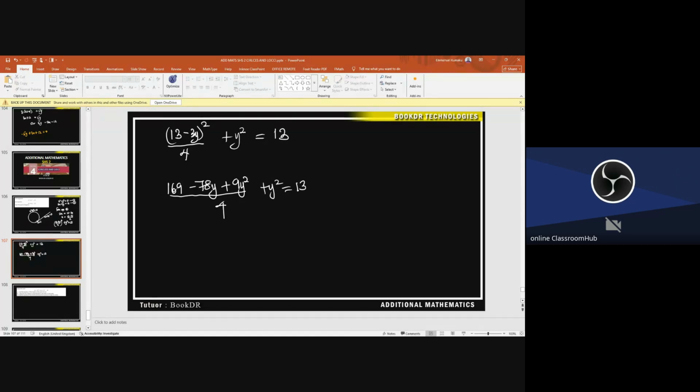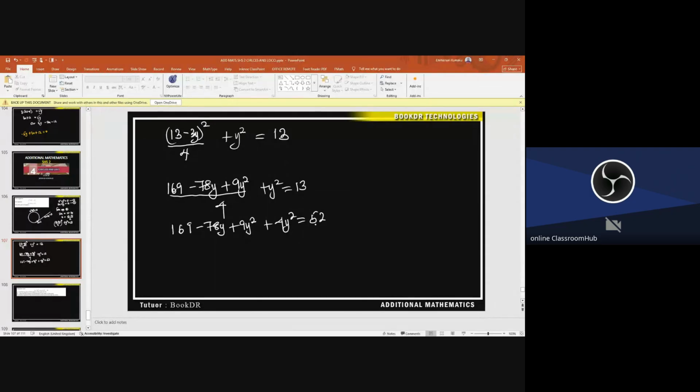Good. We'll clear the fraction by multiplying through by 4. So 169 minus 78y plus 9y squared plus 4y squared is equal to 13 times 4. Let's quickly check that. It is 52. Good.